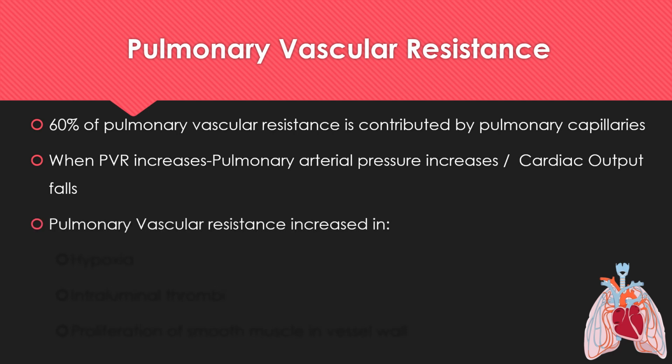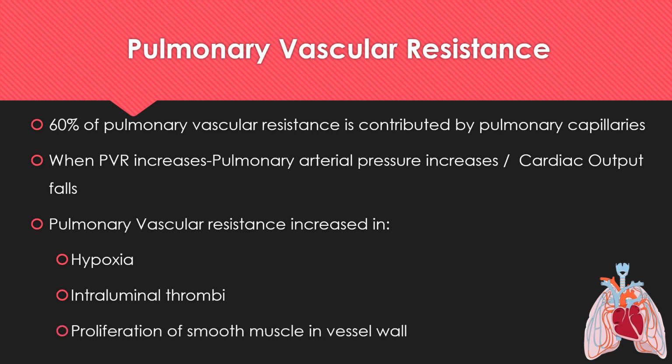Pulmonary vascular resistance increases in the following conditions: hypoxia, intraluminal thrombi, and proliferation of smooth muscles in the vessel wall.